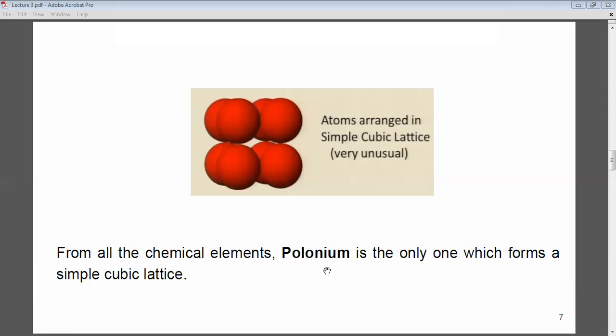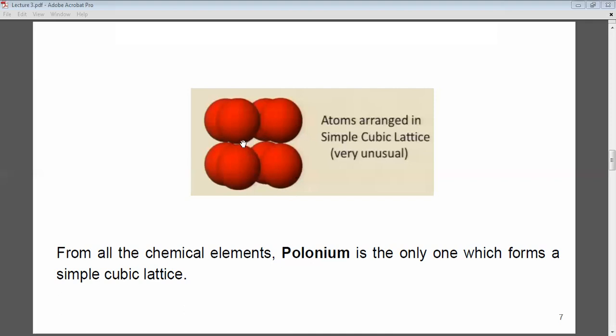It's only polonium. Another way to think of it is that there is a bonding force that wants to get these atoms fairly close to each other. These atoms are attracting each other, and it is almost impossible to leave the space in the middle unfilled.